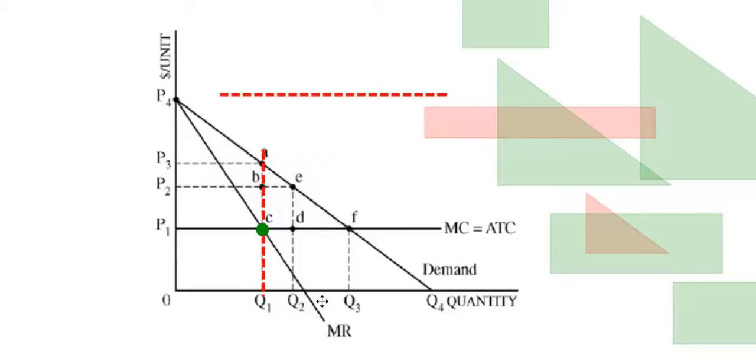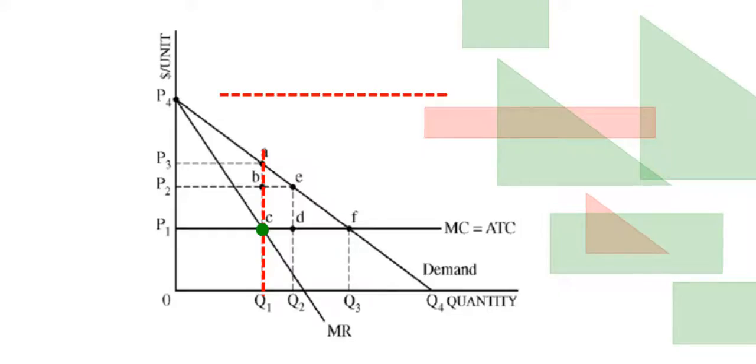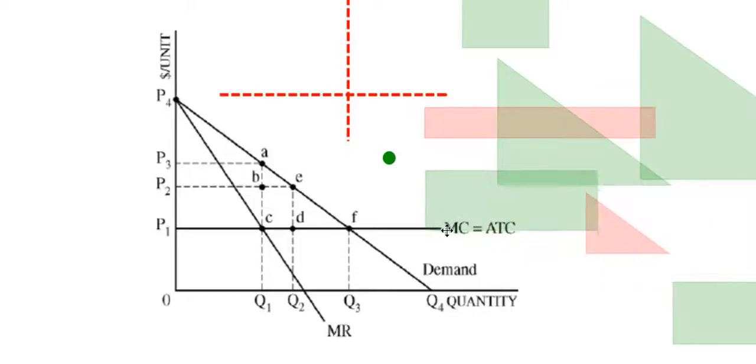Alright, so now what else do we have to do? We have to look at the profit earned by the monopolist. Okay, so that's going to be the area between average total cost and price.